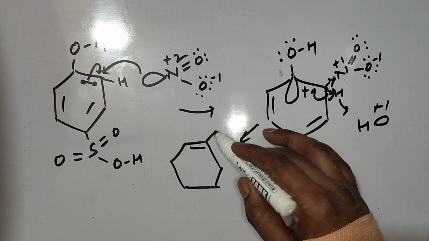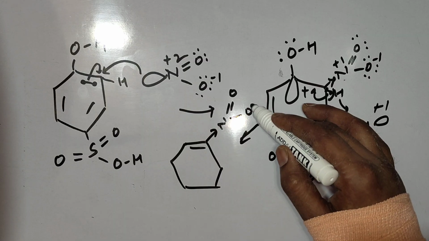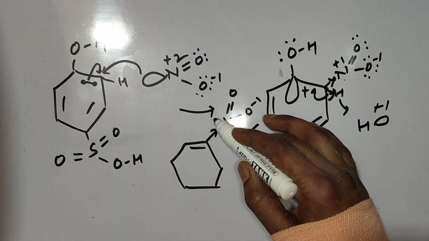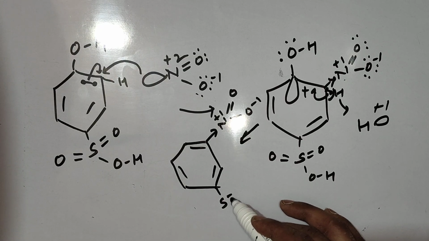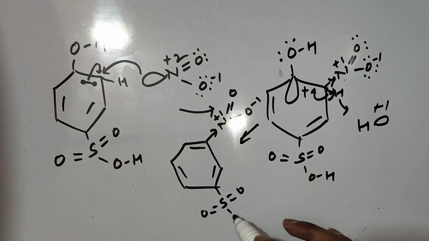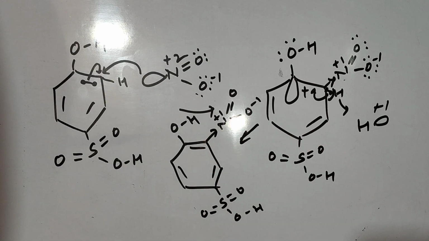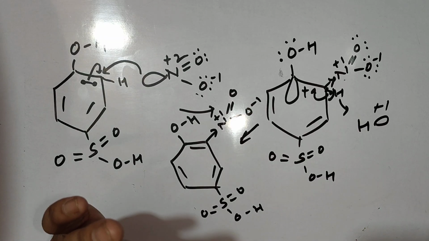Here, NO2 group as it is, negative. Put lone pairs by yourself, +1 charge. Sulfonic group is there as it is. This one. This is the first time nitration has happened here.